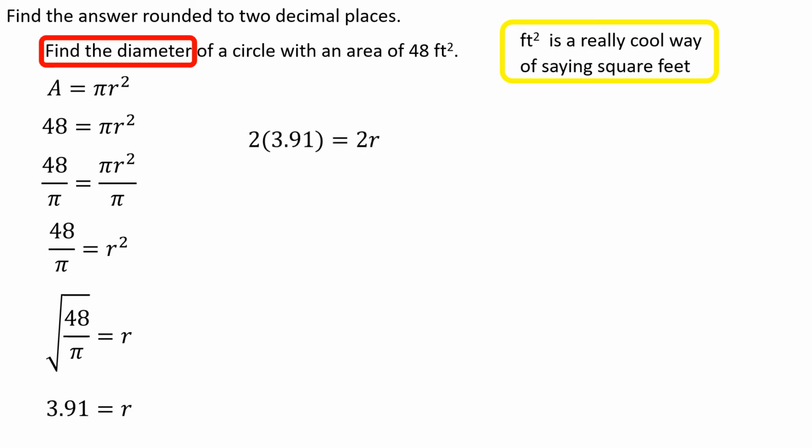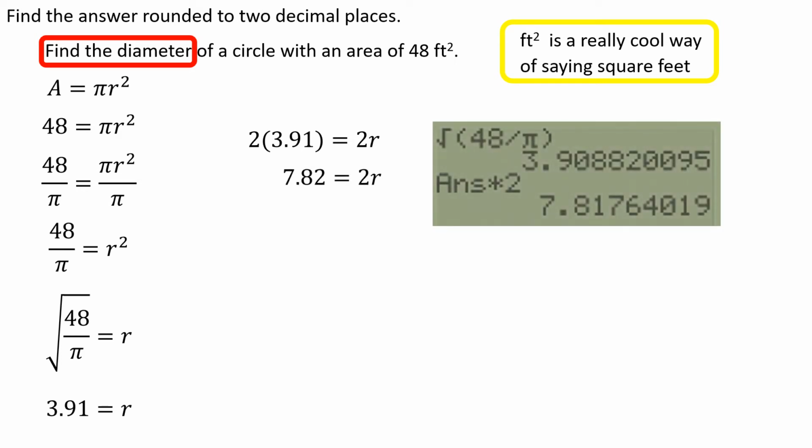I need to double the radius to come up with the diameter. And again, I would have done that with the calculator using the full previous answer. In this case, you'll see that I still would have gotten 7.82 either way. And so we know the diameter.